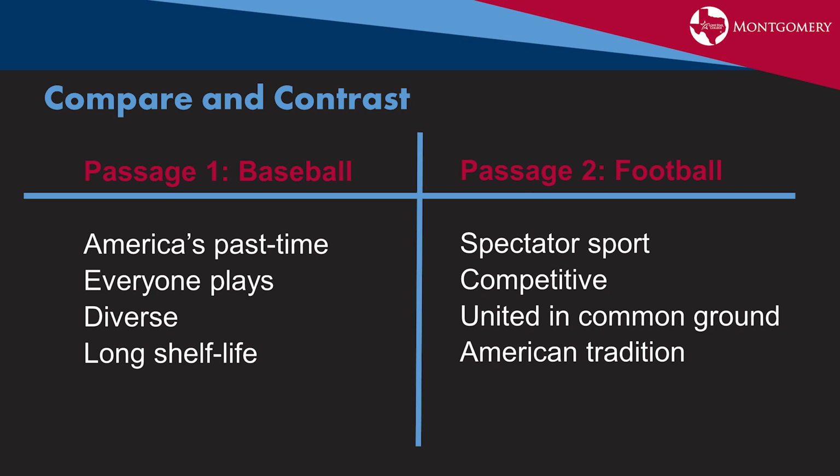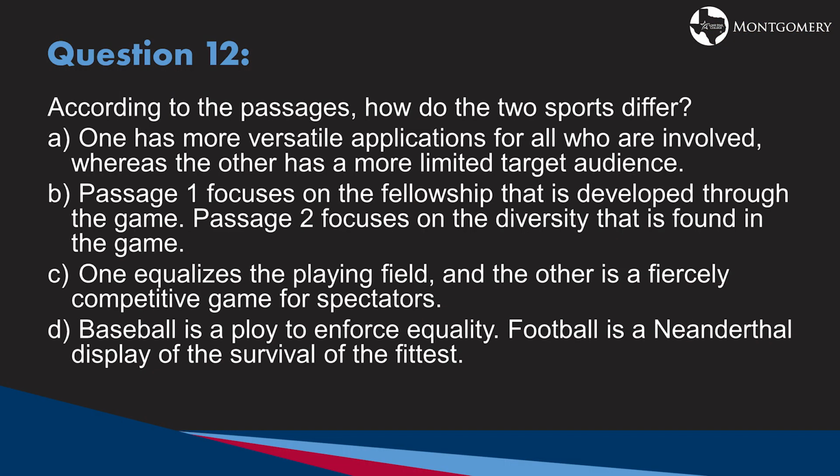And when they're talking about passage 2, they're actually talking about baseball. We can cross D off because it is very biased. So that leaves us with C. One equalizes the playing field and the other is a fiercely competitive game for spectators, and we actually have key words for both of those to support it. So C is our correct answer.